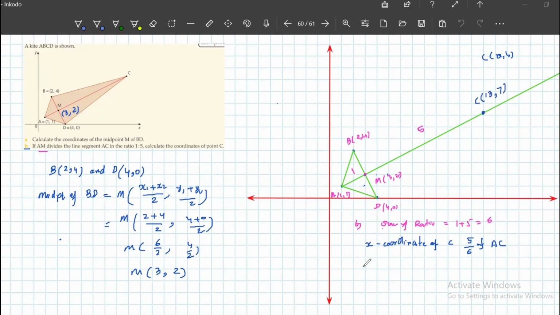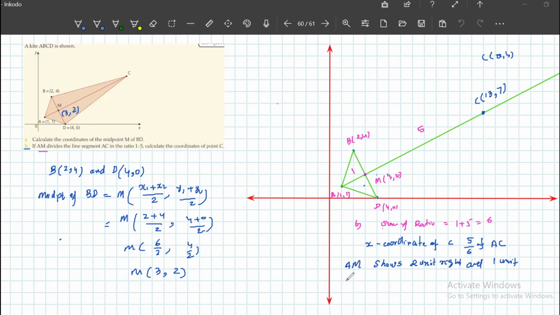So the end conclusion for point C is, if you try to understand, A to M shows 2 units right and 1 unit up, which represents the first, or one unit, part.